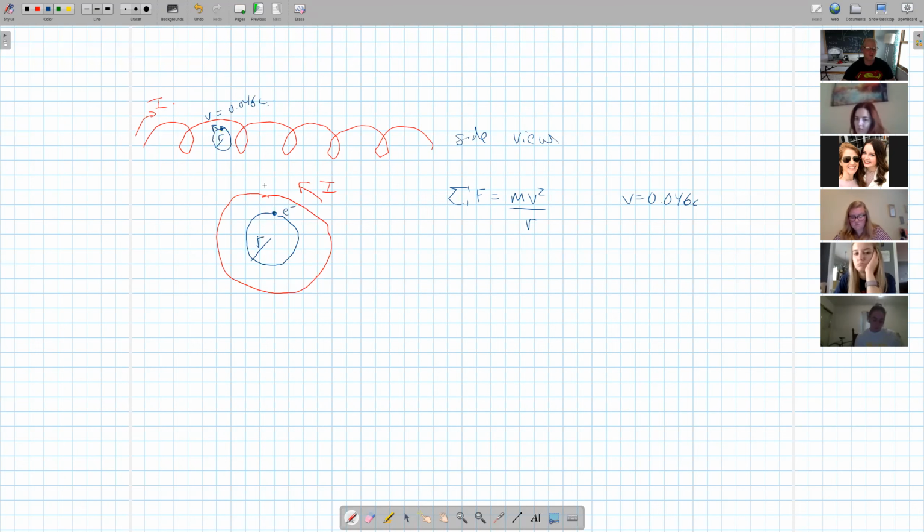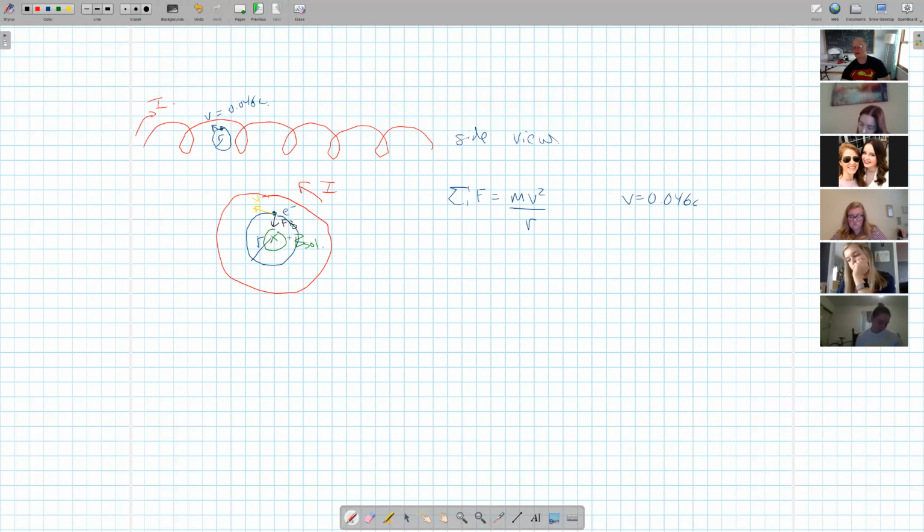Now, the magnetic field of the solenoid is along the axis, perpendicular to the electron's motion. So we have an electron with velocity v moving perpendicular to the magnetic field, which means what's keeping it in uniform circular motion is the magnetic force.